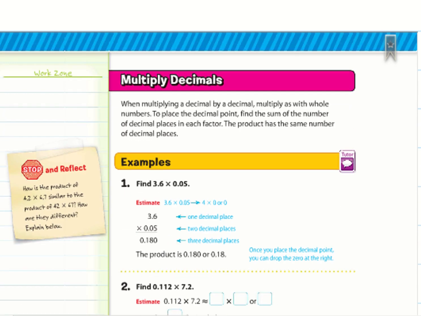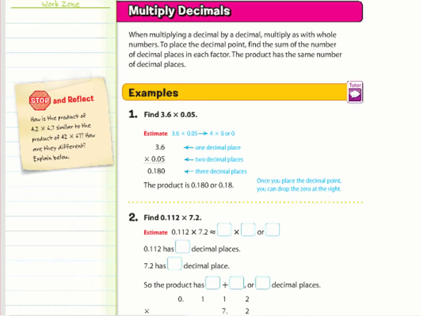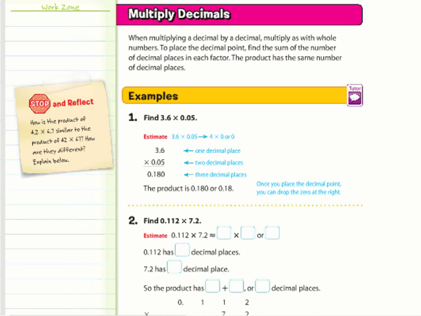So we're going to move on. This is when multiplying a decimal by a decimal, multiply as with a whole number. To place the decimal, find the sum of the number of decimal places in each factor. The product has the same number of decimal places. What that's saying is just add how many numbers you have to the right of the decimal, just like what we've been doing this whole time. So we're going to multiply this. 5 times 6 is 30. 5 times 3 is 15, plus 3 is 18.